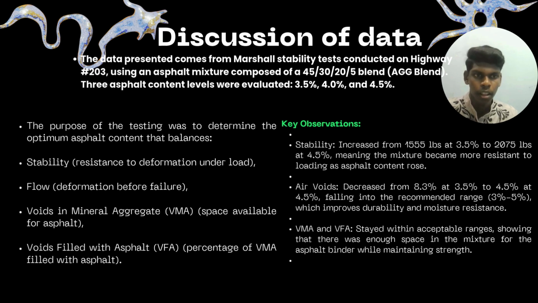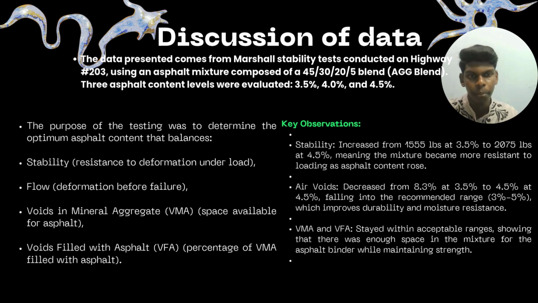From the result, stability improved from 1555 at 3.5% to 2085 at 4.5%. That means the mix gets stronger with more asphalt. Air voids dropped from 8.3% to 4.5%, which is good because it helps the mix last longer and resist water damage.